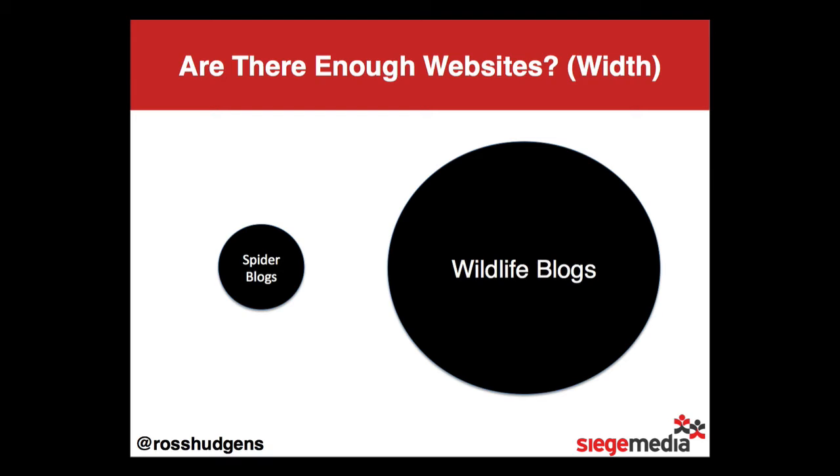But if you go a little more general and you think wildlife, there's probably a much wider breadth. Of course, there's an offset between the two, which is how targeted that content is specific to the need. If you are writing about spiders, it's probably a good likelihood that spider blogs will at least take that content and take it to mind because it's so specific to them.